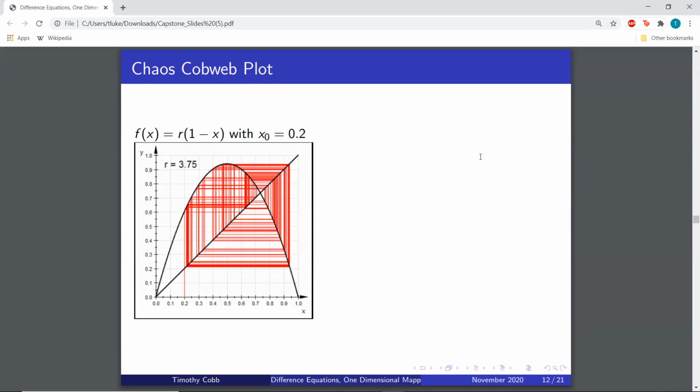So instead of having f of x equals 3x times 1 minus x, we have f of x equals 3.75x times 1 minus x with x naught equals 0.2, and we receive a cobweb plot that looks something like this.